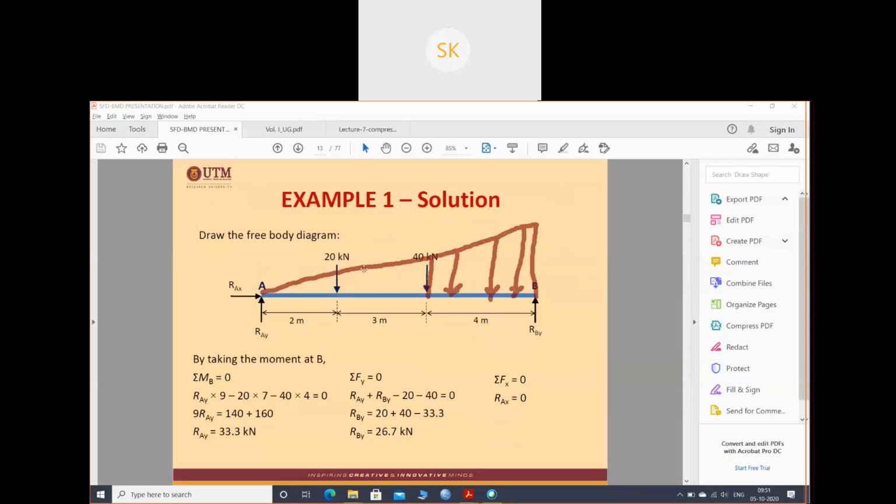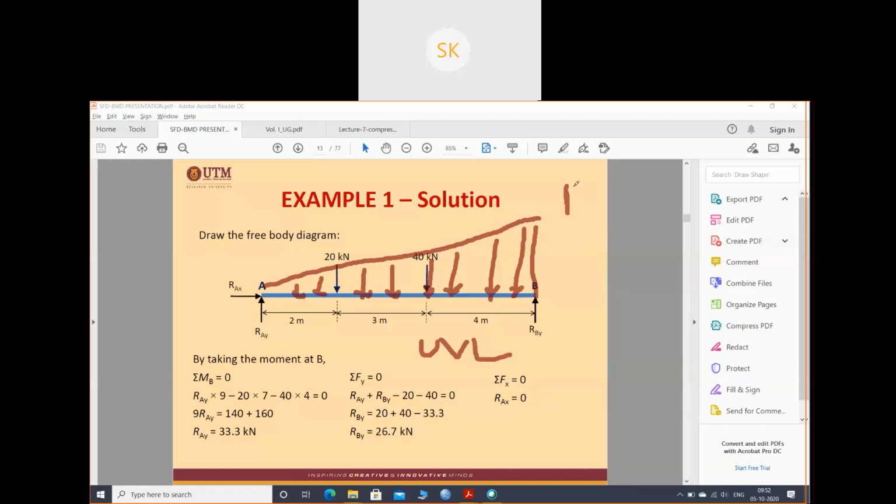That means at one point it will be very high and at one point it will be zero, and at every different point it will be a different load. So it is also called UVL, uniformly varying load. Understood?